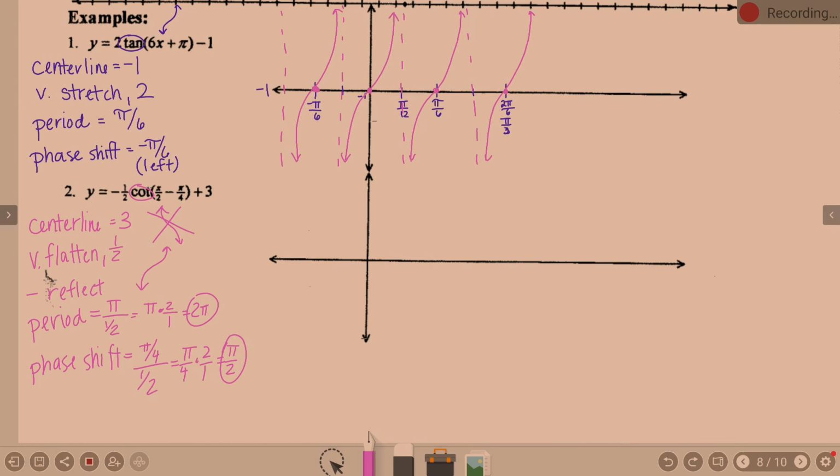Now, I'm going to label my center line as 3. My period is 2 pi, correct? Yes. But I'm going to require you to do 2 cycles, so we probably should label out to 4 pi, plus we have a phase shift, so allow a little extra room.